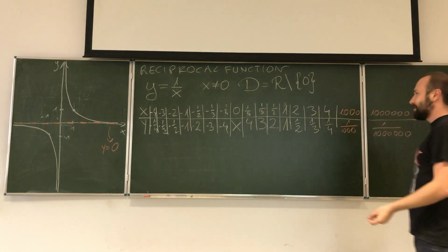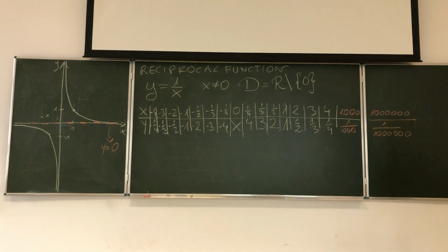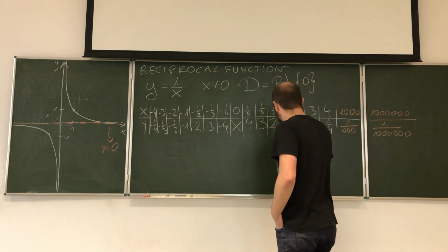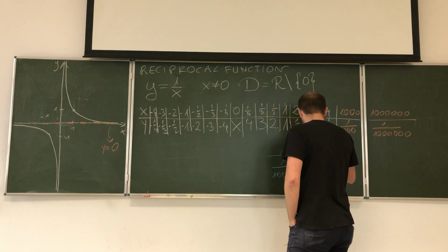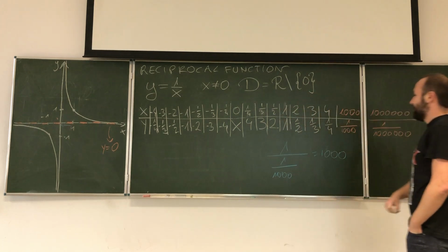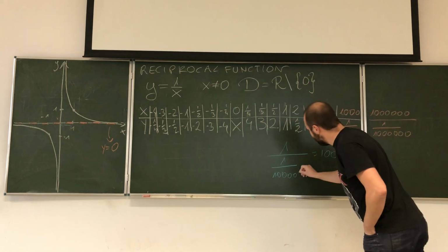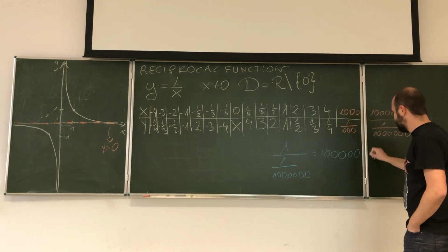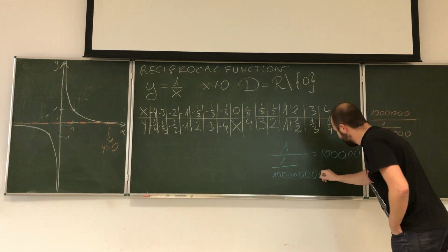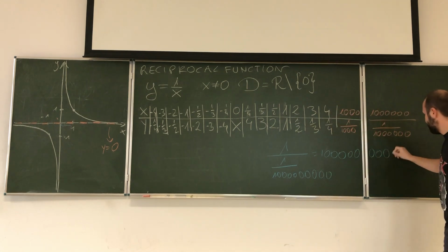And as a result, we are getting a bigger number. Because look, if I'm going to take 1 and I'm going to divide it by 1,000, I'm going to get 1,000, right? If I'm going to divide by a million, I'm going to get 1 million. A billion, a billion.